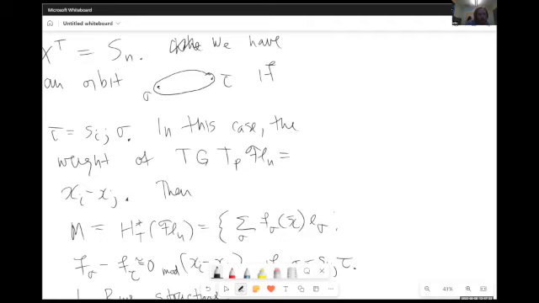Also, if I take the coefficient in front of 2, 3, 1, that's going to be 2, 1, 3.